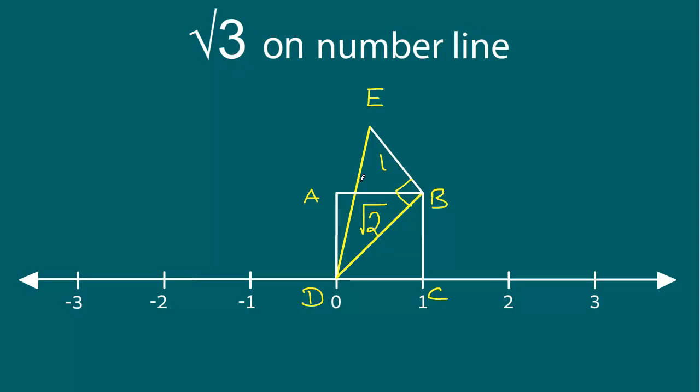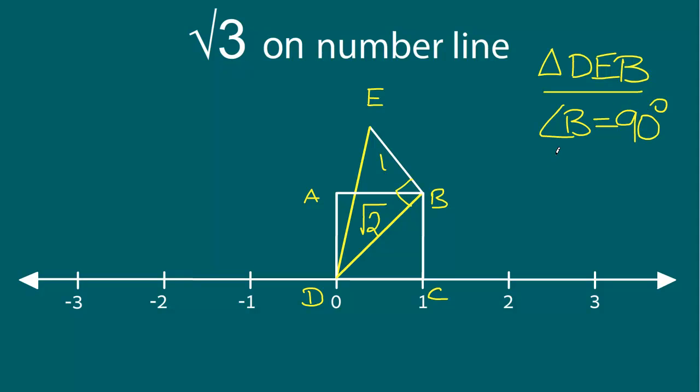So by construction, what we have done, we are now looking at this triangle DEB. And by construction, angle B in this is 90 degrees. And we know that BE is 1 unit. And we know that BD is square root 2.